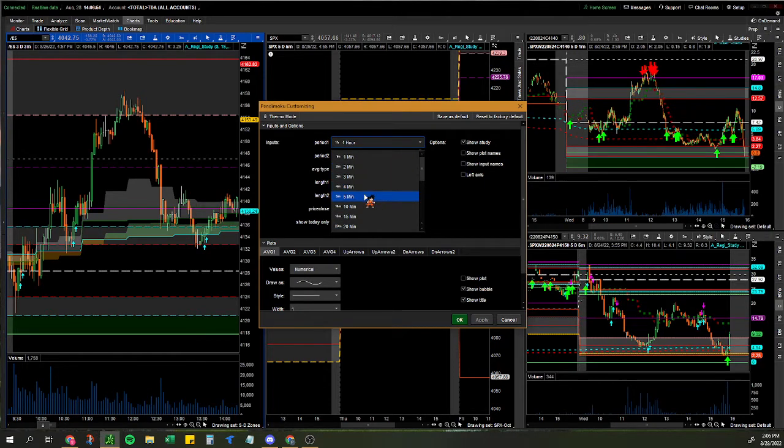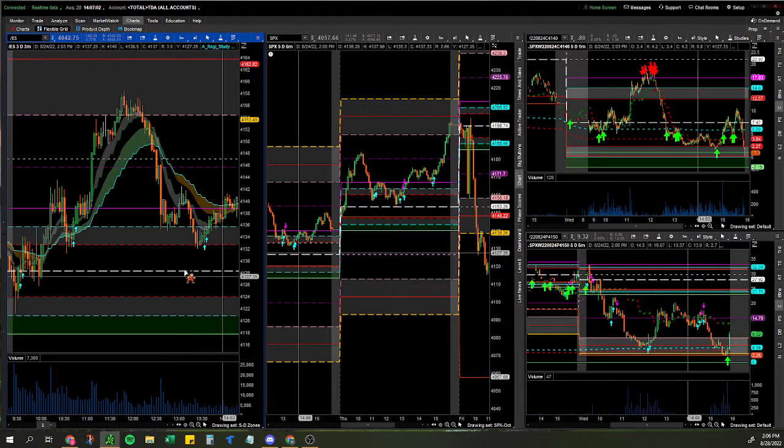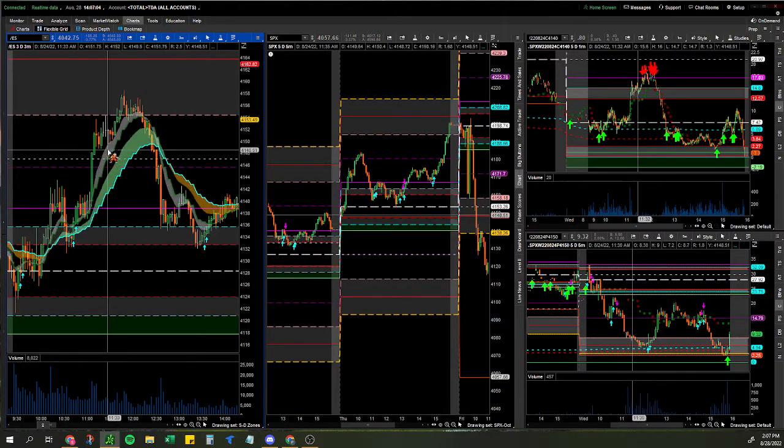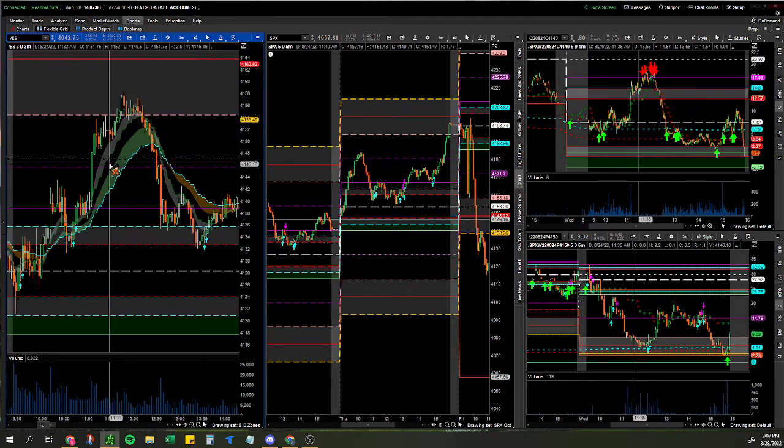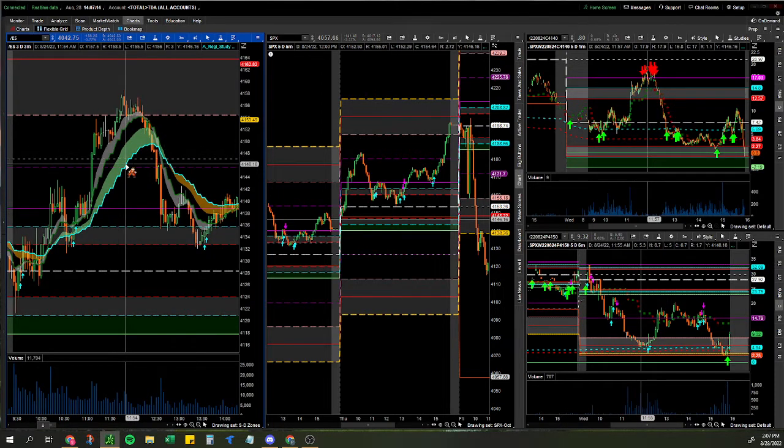I have coded this tool to be exactly how I like it, to see, instead of a bunch of overlaps, I have made it consist of basically the 3-minute 8, the 5-minute 8, the 3-minute 21, the 5-minute 21.